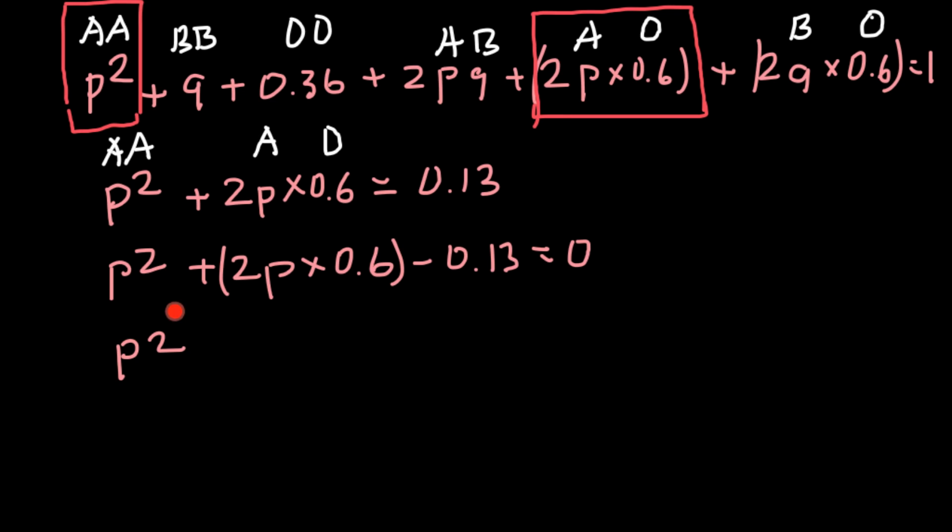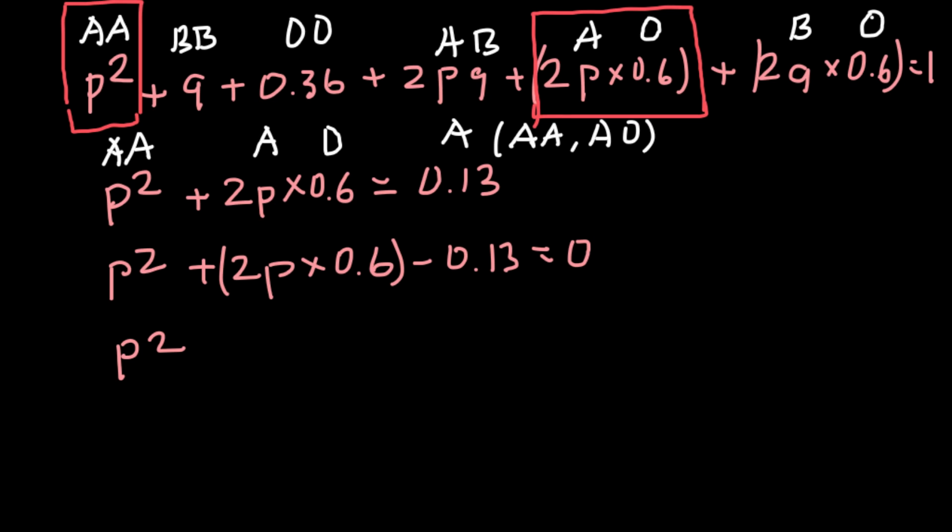One more step, p squared. I do not put AA here, so this is for your reference. And this number 0.13 represents the phenotype frequency of the phenotype A that is made by two genotypes, AA and AO.